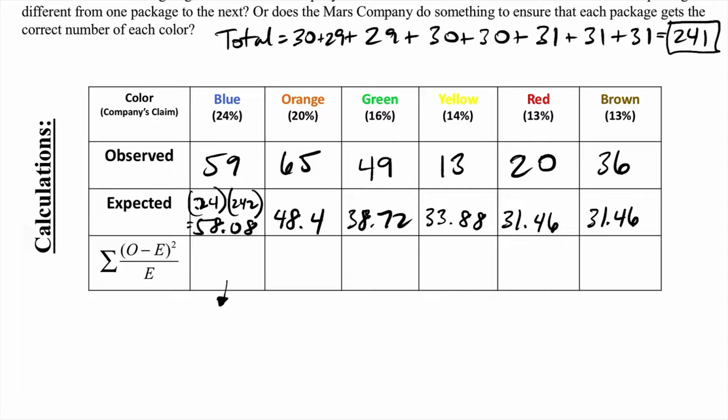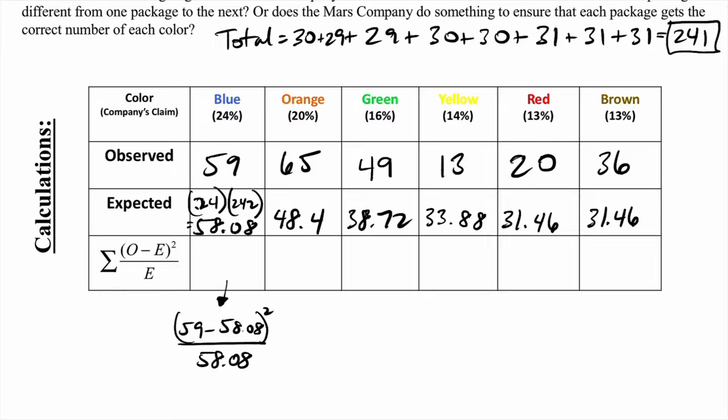Okay. So again, for one of them I'm going to show, and then the rest I'm going to calculate on my own. The observed for blue was 59 minus what I expected, which was 58.08, squared, divided by expected.